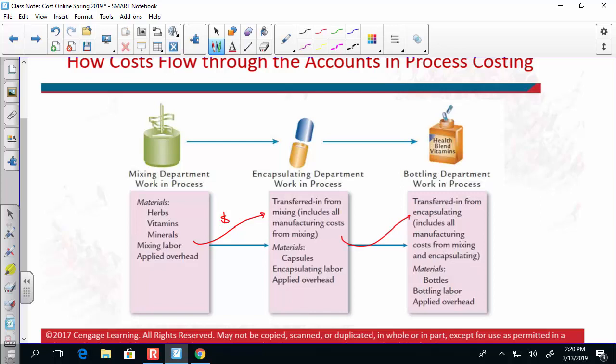And again, we'll be debiting the department called WIP, and we're going to be crediting the department that it comes out of, in this case, department mixing. So, very simple flow of cost, debits and credits. It's the accumulation of those costs that's going to be the difficult part.